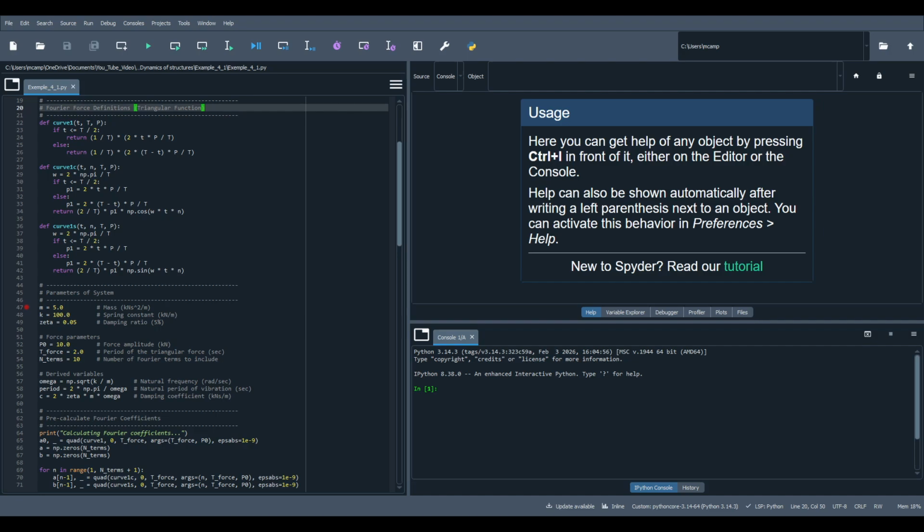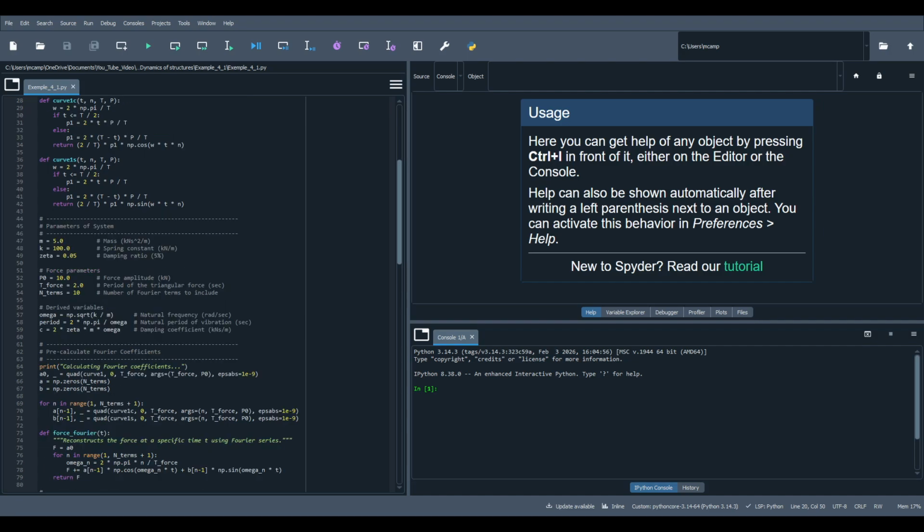After line 45, define the parameters of the system. So the mass is 5 kilonewton second squared per meter. K is the spring constant, in kilonewton per meter. Zeta is the damping ratio, in this case 5%. P0 is the force amplitude, 10 kilonewton.